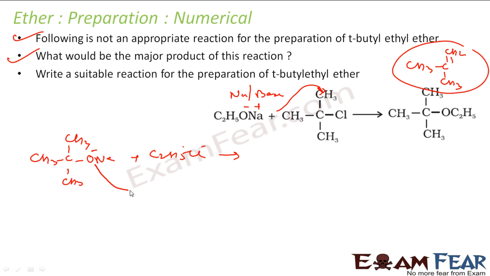This O minus will attack, and with this you will get what you are looking for, the tertiary butyl OC2H5. So this is what we will use, else the elimination product will be the major product.